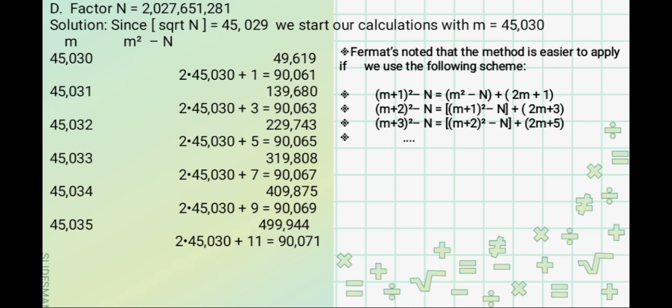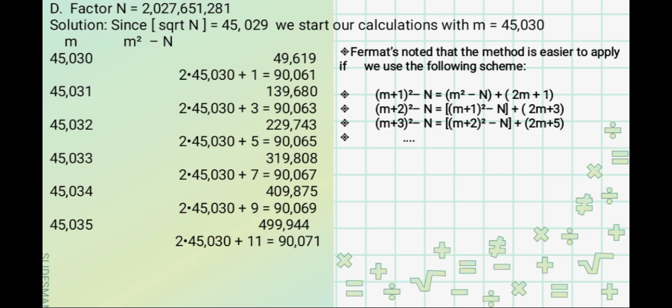But we do not start at 45,029. We are going to start our calculations with m equal to the next number, which is 45,030. So that would be our m.